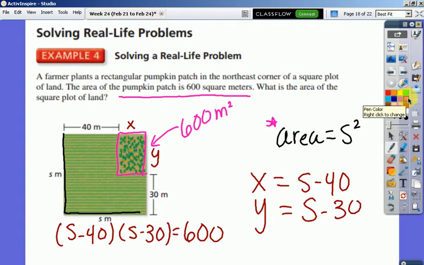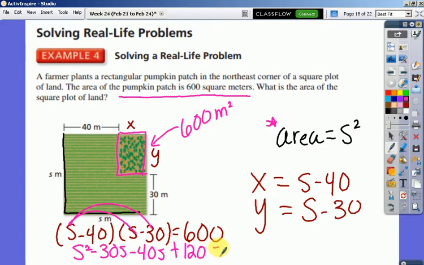Distributive property. S times s is s squared. S times negative 30 is minus 30s. Same thing with the minus 40. You get minus 40s. And then you have plus 1200 equals 600.